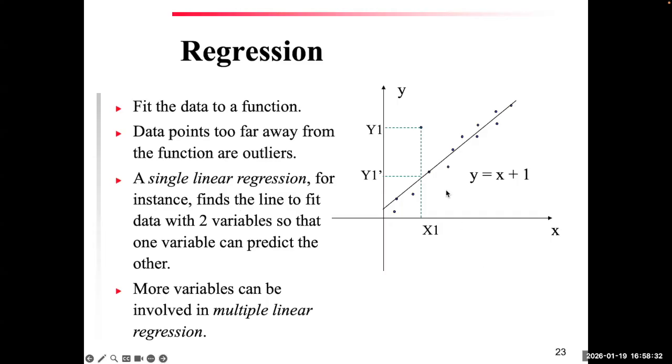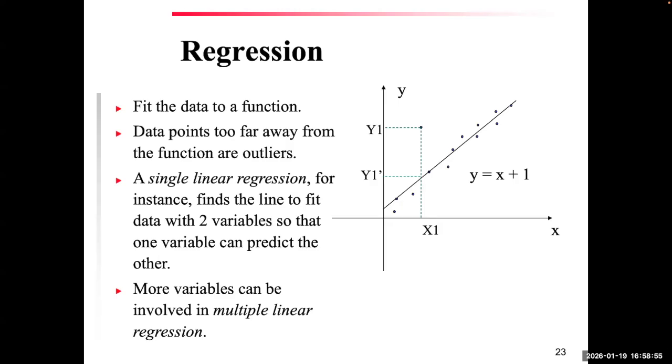We have two types of regression that we covered so far: single linear regression and multiple linear regression. Single linear regression simply means that you have one input, one output. For example, you want to predict salary based on years of experience.